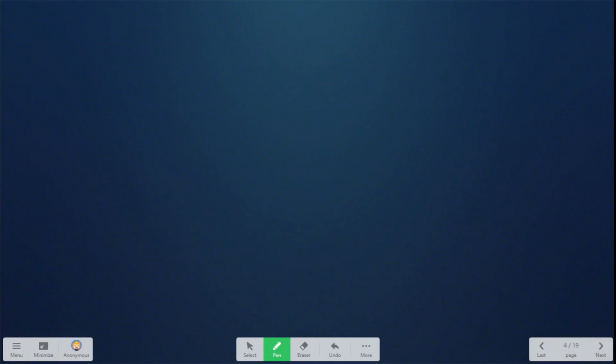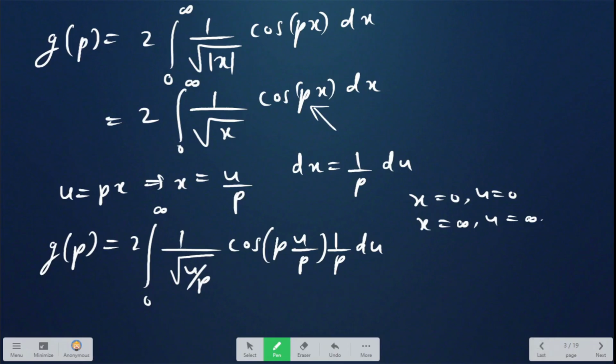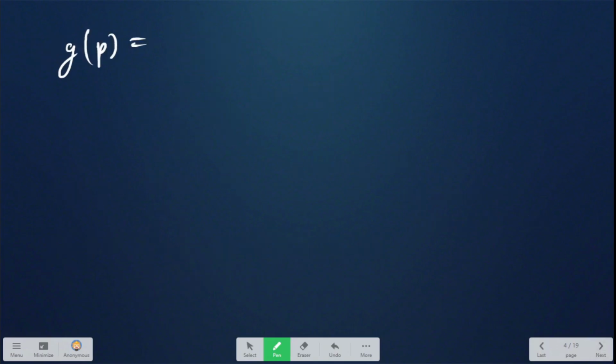Therefore we have g of p is equal to this p will come upside, root p, there is a 2 here, divided by p.